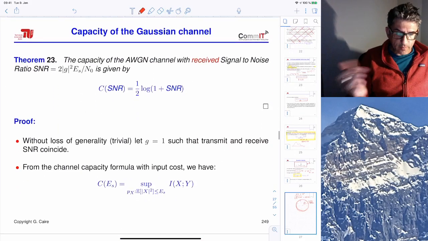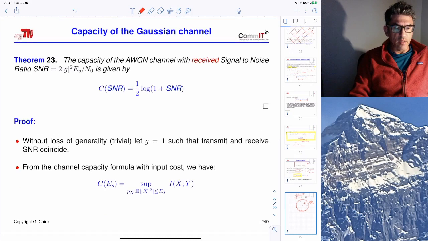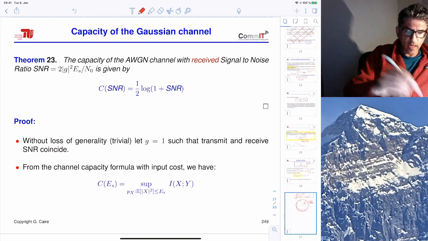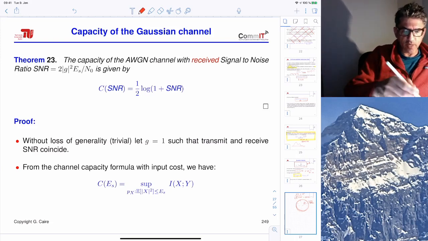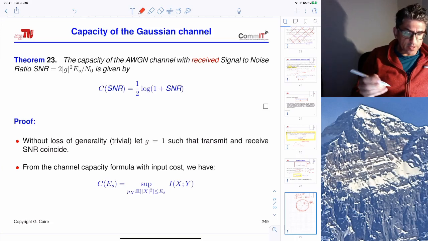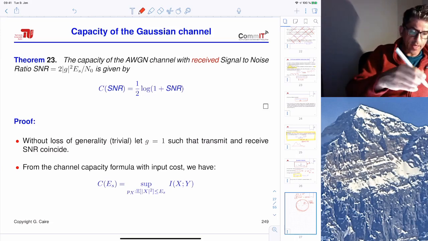Okay, good. So for this channel, we have the theorem that says the capacity of the AWGN channel, AWGN meaning additive white Gaussian noise channel, with received signal-to-noise ratio SNR.